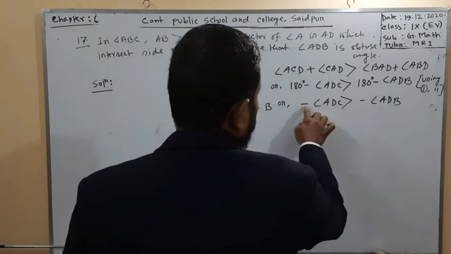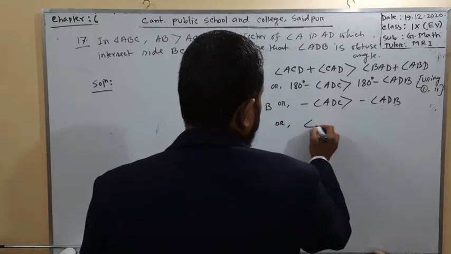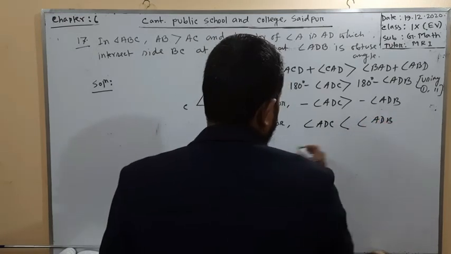If we multiply both sides by minus, it will be angle ADC is less than angle ADB.